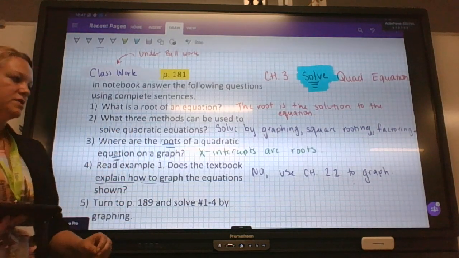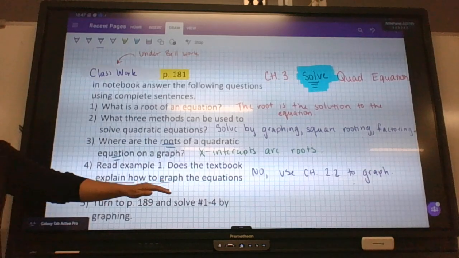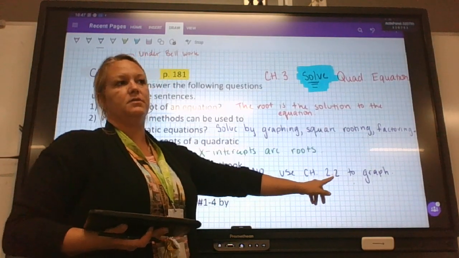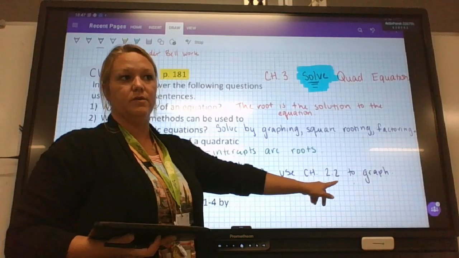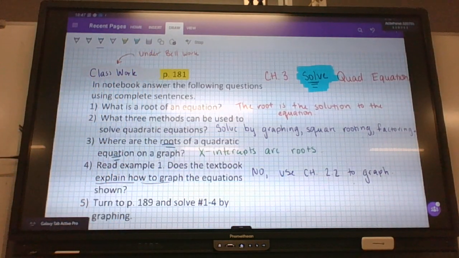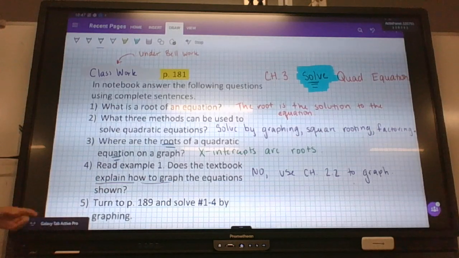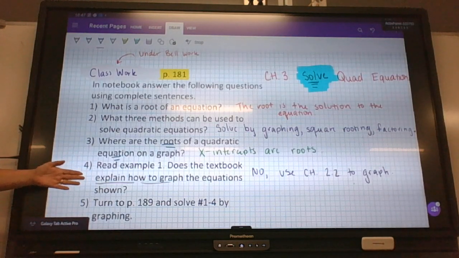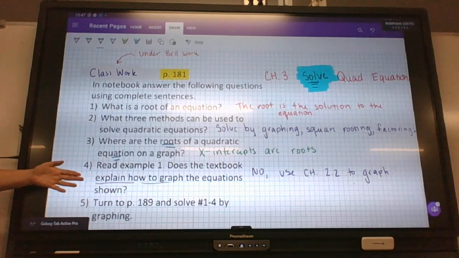It was already covered in chapter 2. If you cannot remember how to graph a parabola, go to chapter 2.2. So that might be one that you don't want to throw out. Or I gave you a handout about how to graph. You can use your handout as well. So it says to graph, it doesn't tell you how. They're assuming that you figured that out in chapter 2. We have already tested graphing parabolas.